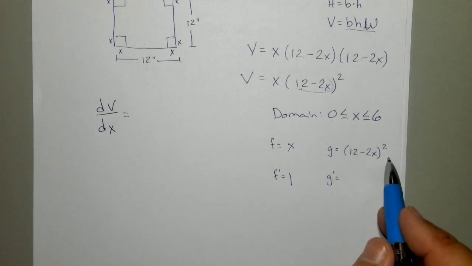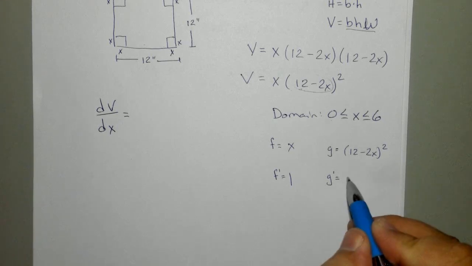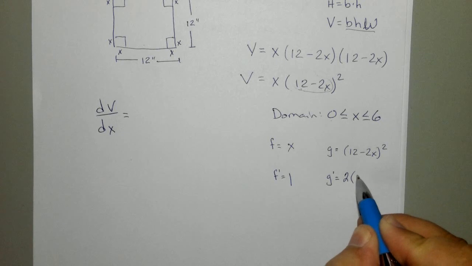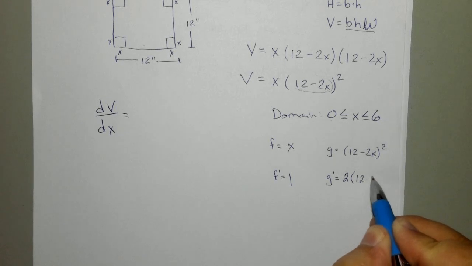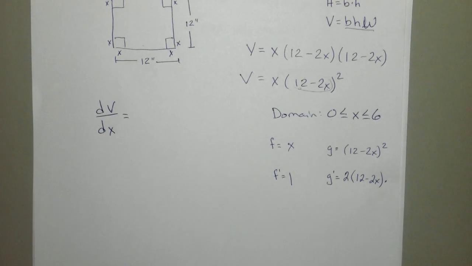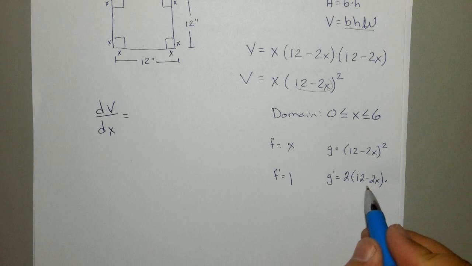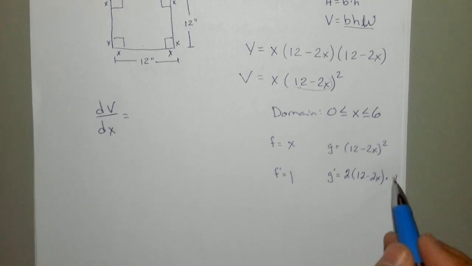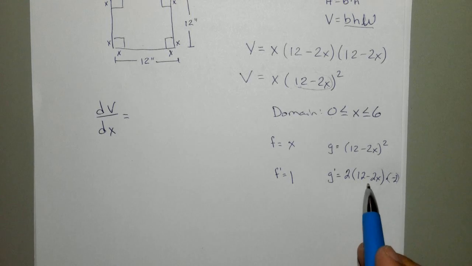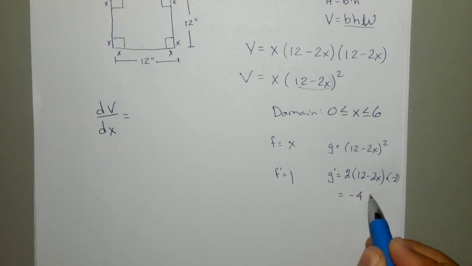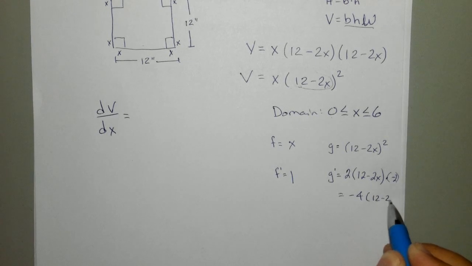G prime. Take the derivative of the outside, which is 2, leave the inside alone, times what? Derivative of the inside. The derivative of the inside is going to be negative 2. So that's negative 4 times 12 minus 2x.